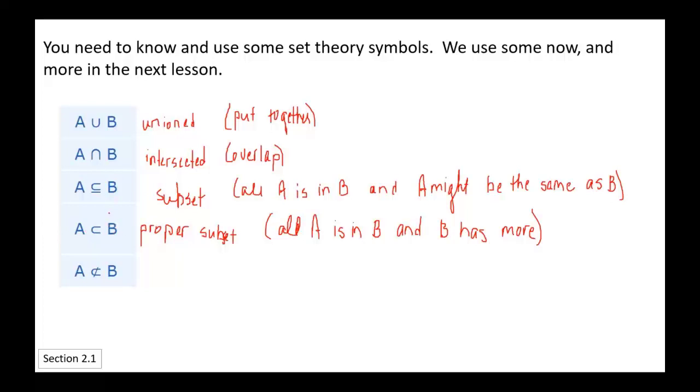B is definitely the bigger one. Now, A is not a subset of B does not mean that there's no overlap. But what it means is not all of A is in B. It doesn't mean none of them are in there. They might still intersect, but it does mean that they're not all in there.